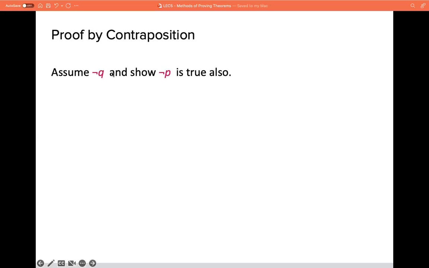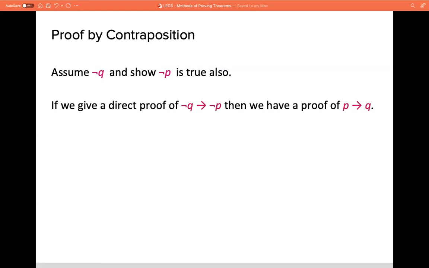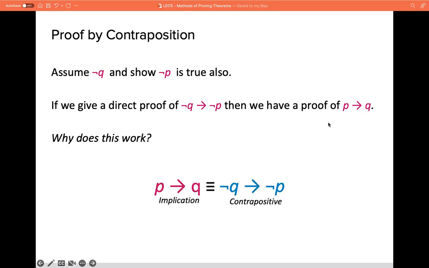First, we assume that not Q and show that not P is true also. So if we give a direct proof of the contrapositive, not Q implies not P, then we have a proof for the original implication P implies Q. So not Q implies not P is an indirect proof of P implies Q.